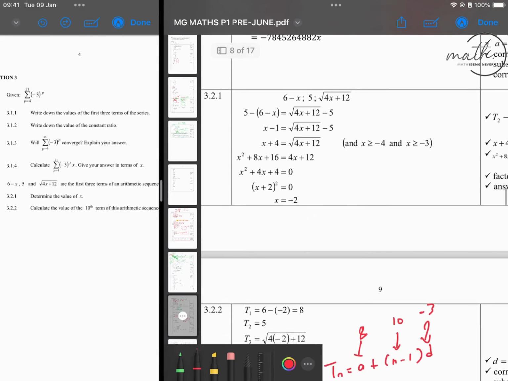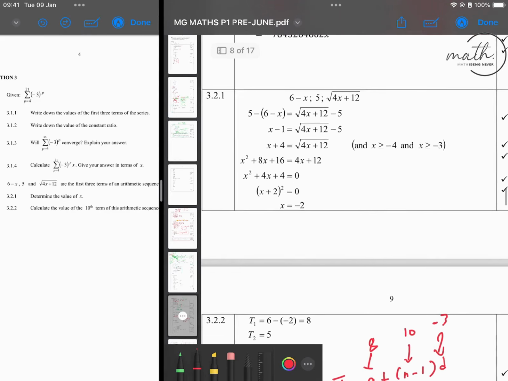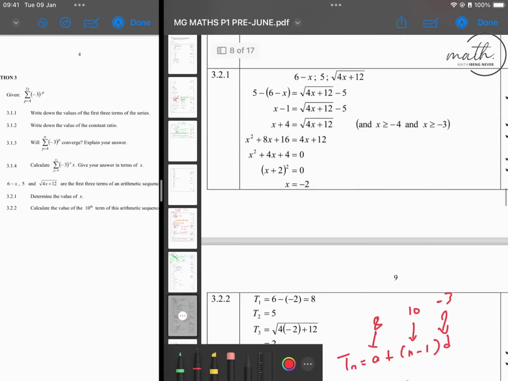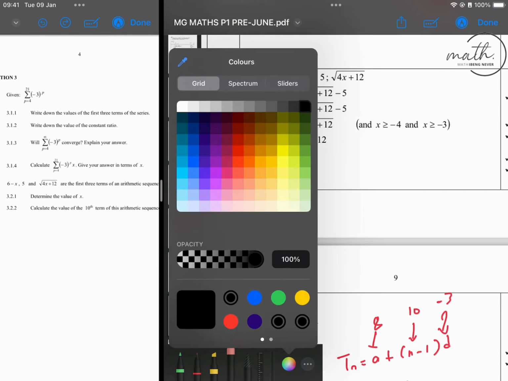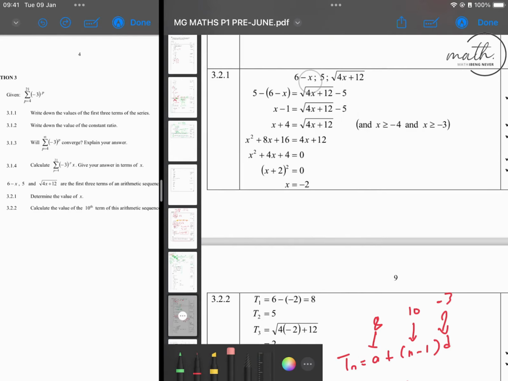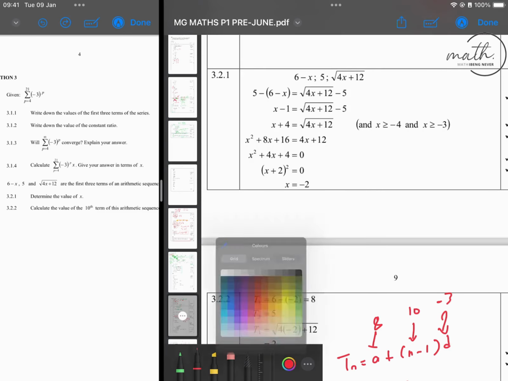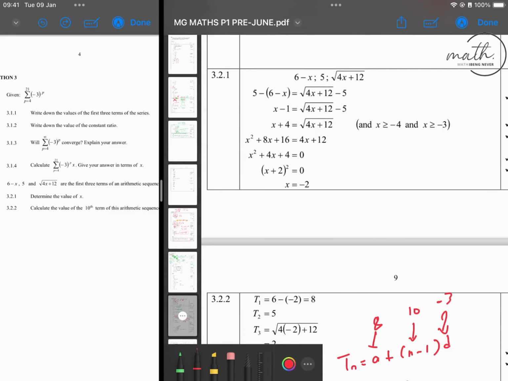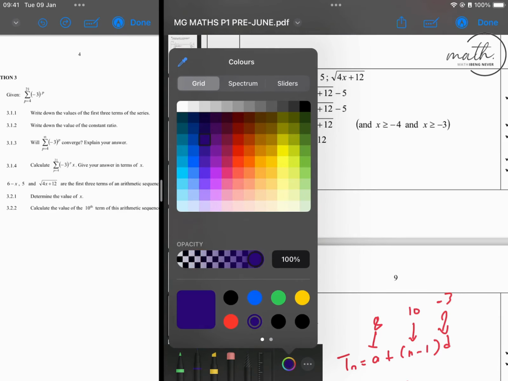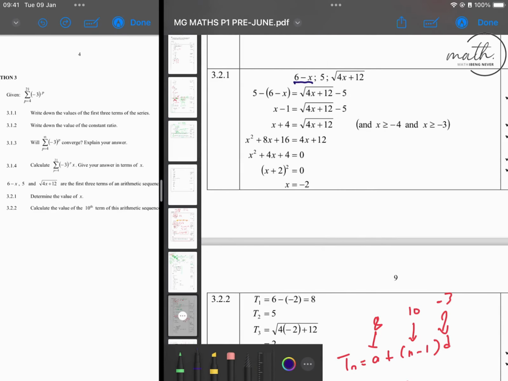3.2. For 3.2, they gave you a sequence in terms of x. So they said 6 minus x. Let me just use a different color. It's okay. So they gave you 6 minus x, and then 5, and then square root of 4x plus 12.